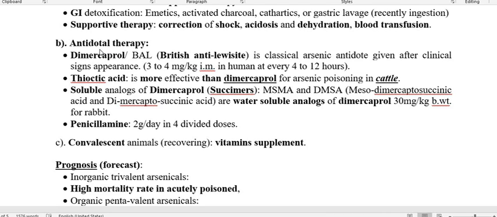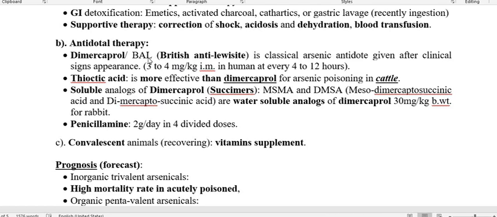dimercaprol is a specific or antidotal therapy because these possess the sulfhydryl group, like penicillamine. Penicillamine also possesses the sulfhydryl group.